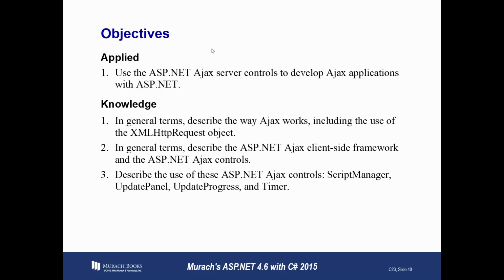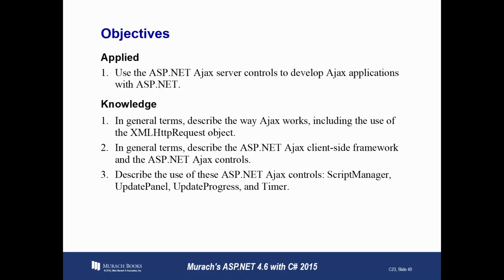Those controls being the script manager, which is kind of our controller, the script manager proxy if you need to have additional script managers on an application that already has a script manager in the master page, our update panel, which holds other controls that are to be refreshed when an asynchronous postback occurs, an update progress, which can be text but is normally a graphic that shows as the update is taking place, and our timer control to have things run at certain intervals.